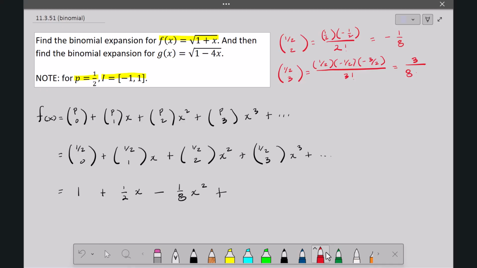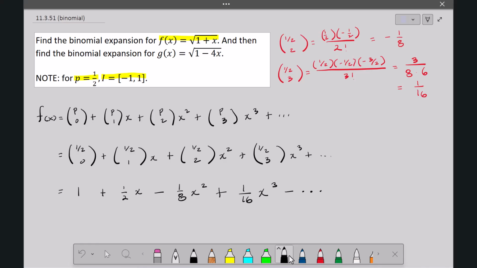And if we take 3 divided by 8 and divide it by 6, that will simplify to 1/16. This will be the coefficient for x cubed, etc. The next term will in fact be negative, so I'll put a negative there. So there we go. There is our series expansion for the square root of 1 plus x.